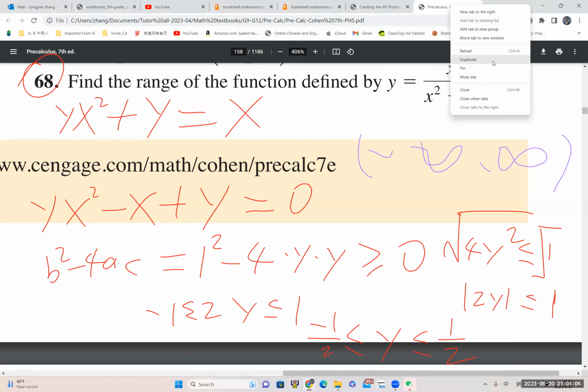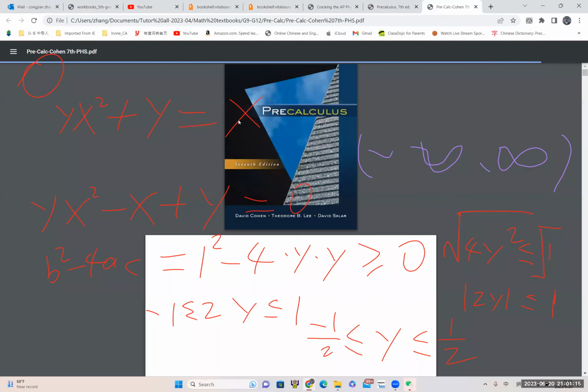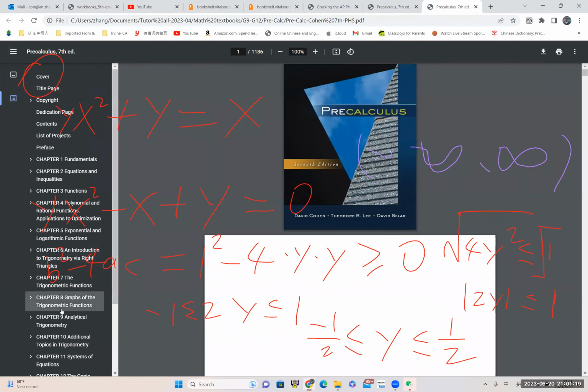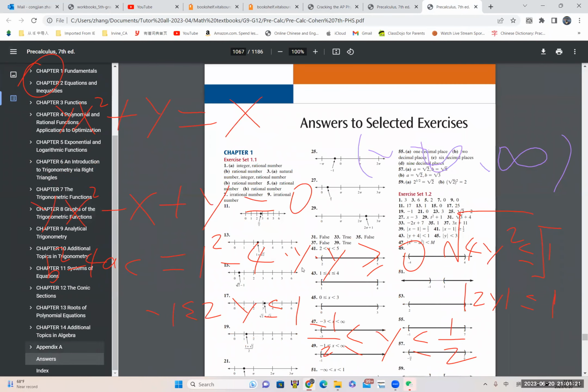Let's go check. I suppose we don't have an answer because normally there is an answer for all the problems. Anyway, let's go check. This is 3.1. 3.